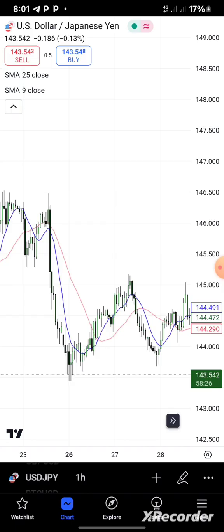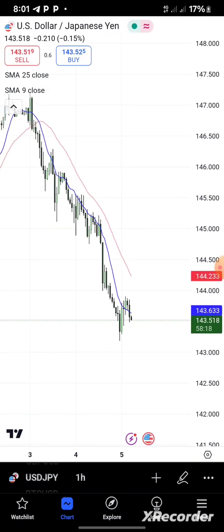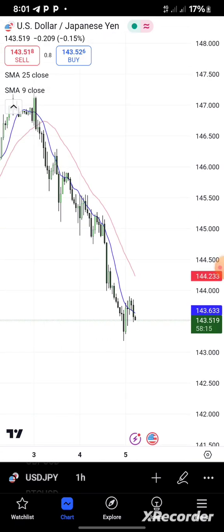Supply and demand, that's all about supply and demand. It is very simple. If you want to trade, supply and demand is a very highly profitable strategy. I think it has about a 70% win rate, 70% or 75%.